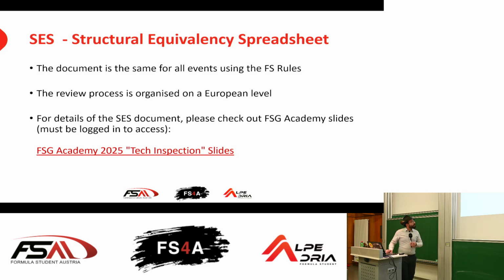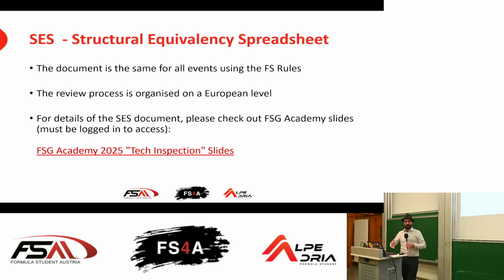The SCS, Structural Equivalency Spreadsheet, there has been a question about why it is not the same for every competition. I have to disagree, it is the same for all of Europe. We use the same document template for every competition which has the FS rules.